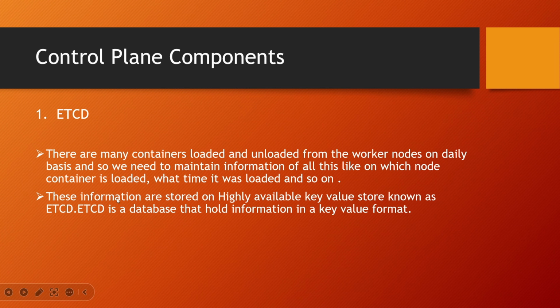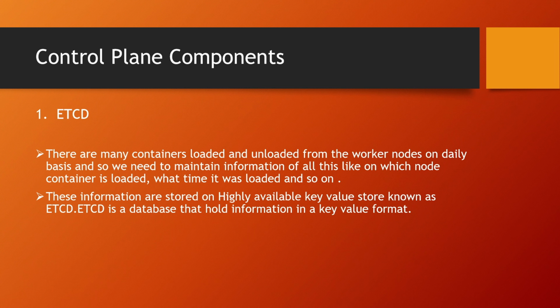All this information is stored in a highly available key value store, which is called etcd. It is a type of database that hosts the information in key value format. It will store all the information like how many nodes are there in the Kubernetes cluster, how many of them are worker nodes, how many are master nodes, how many containers are deployed on your Kubernetes cluster, how many containers have been removed, what is the state of a particular container, what is the state of your node.